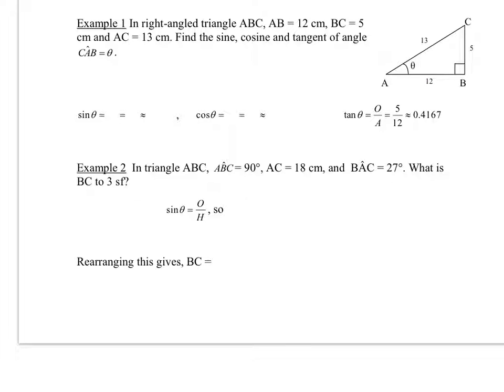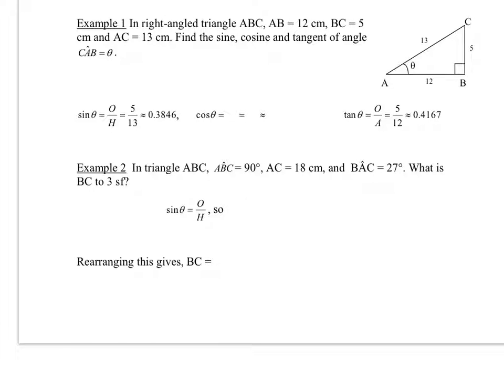And what we then do is just write the sine is equal to the opposite over the hypotenuse. In this case, the opposite was the one not touching theta, which was 5, divided by the hypotenuse 13. And if you do that on your calculator, 5 divided by 13 is 0.3846 approximately.